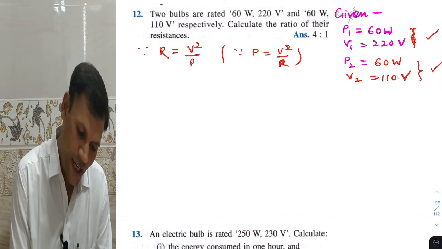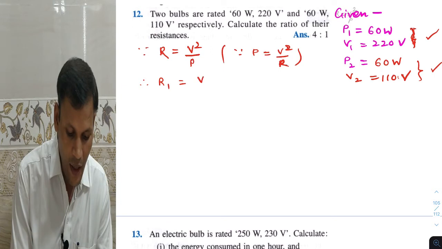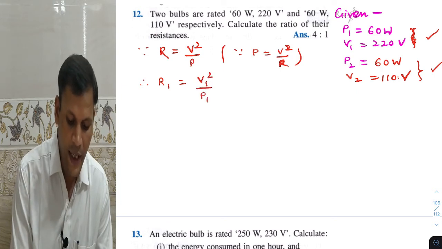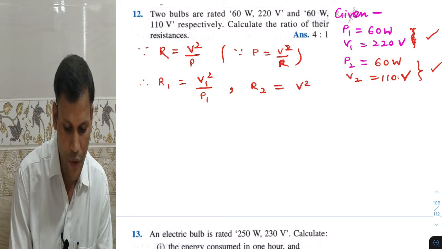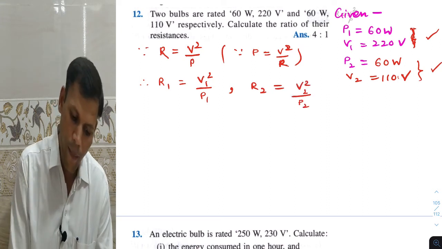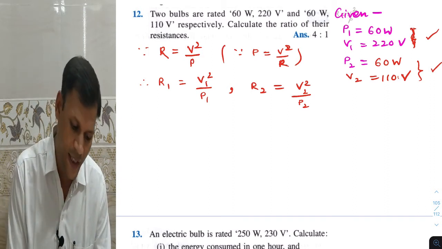We need to find their resistances, so I can write R1 will be V1 square upon P1 and R2 will be V2 square upon P2, right? We need the ratio R1 by R2, so we can divide these two.